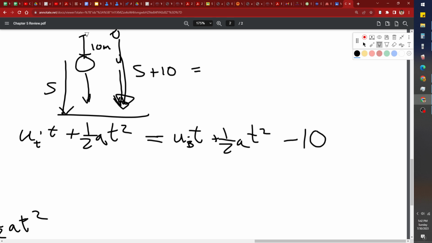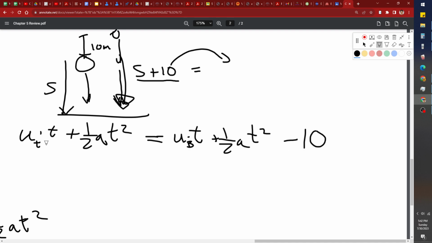So again, we want to find out what time it takes them to be at the same displacement after they're dropped. So that's why we're equating these two together. But Benjamin, his was S plus 10, so we move the 10 over, and so on this side, with the rest of the variables, it's minus 10, okay?